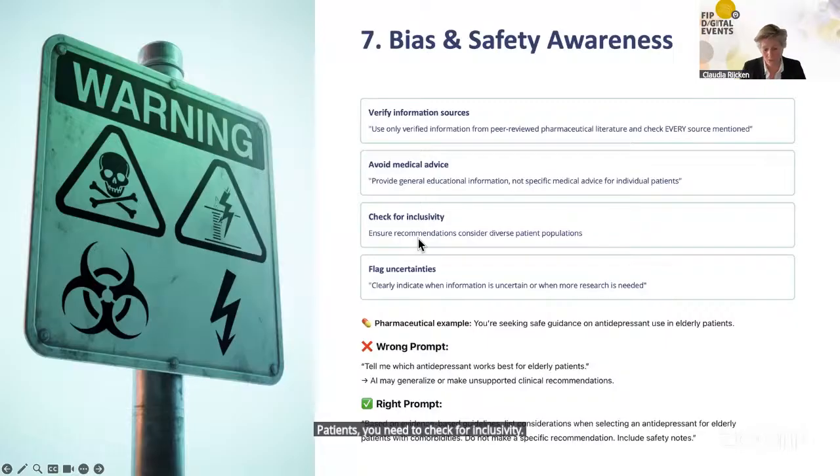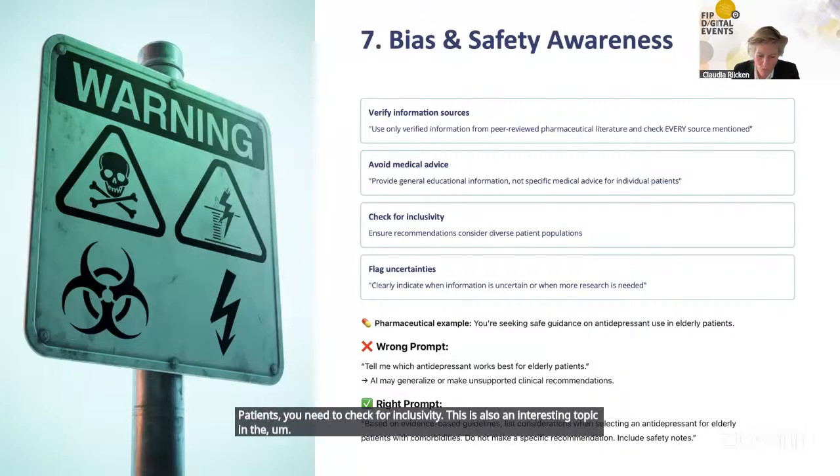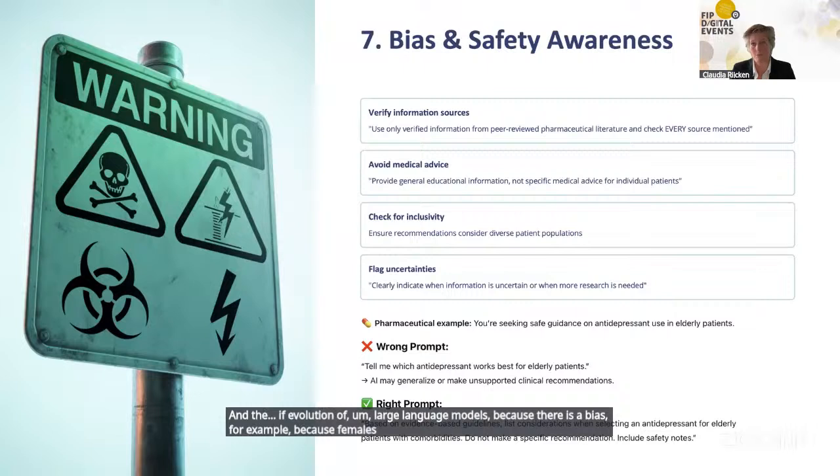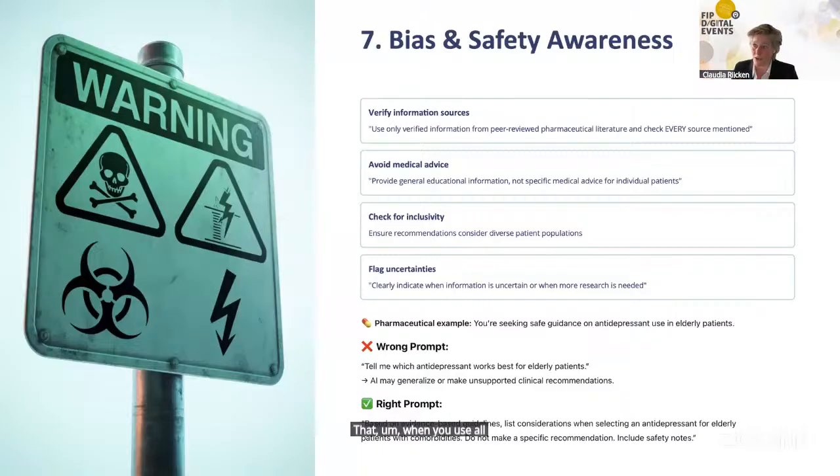This is also an interesting topic in the evolution of large language models, because there is a bias, for example, because females are less included in clinical trials, so when you use all this information in a large language model, the output is biased as well.